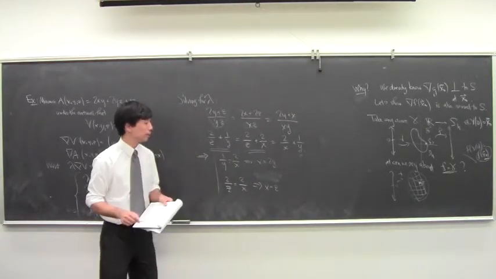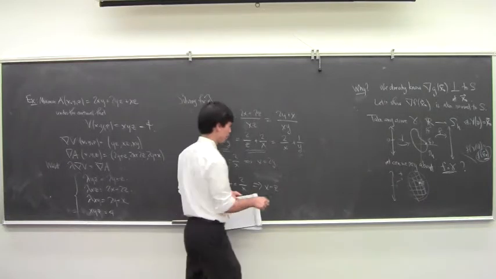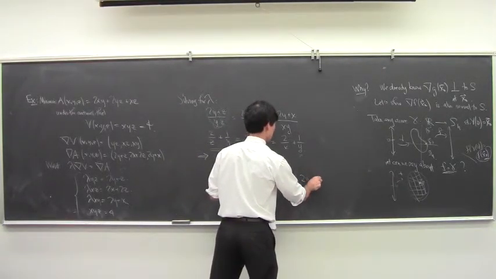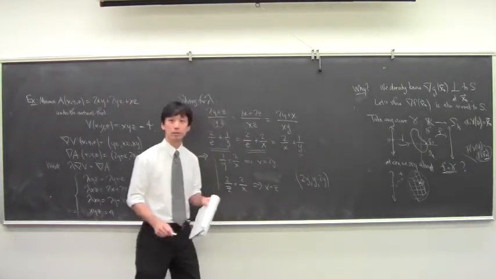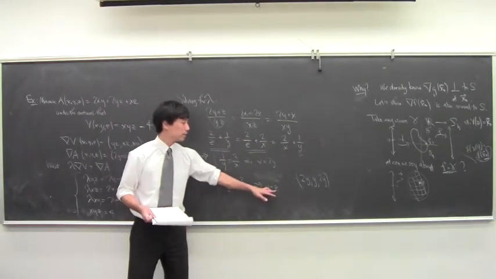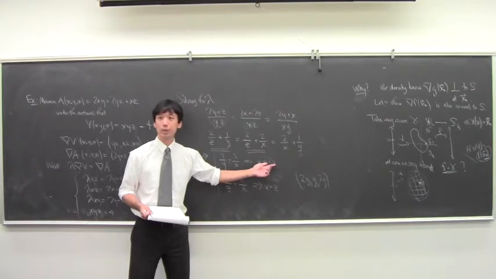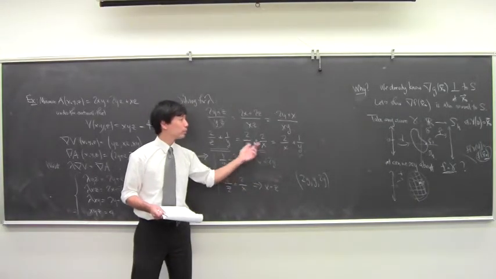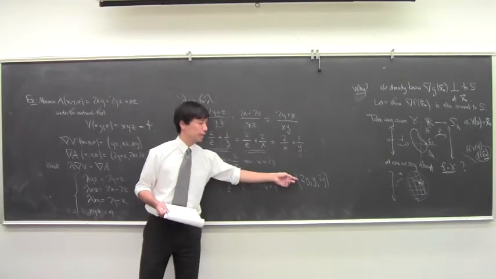And that's enough. At this point we know that the thing is going to look like 2y, y, 2y, because x and z are the same, and x is 2y. So these guys are going to be perpendicular at such a point.